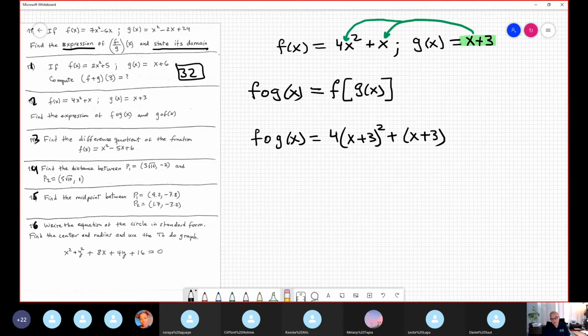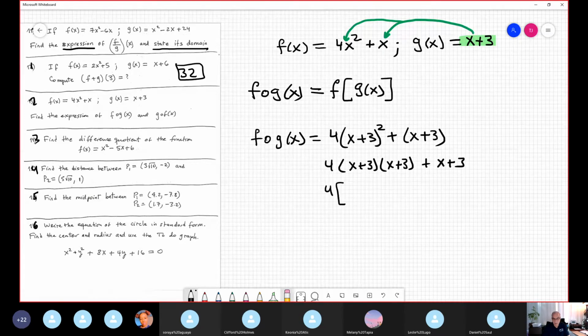That's it. Well, no good, because you do some algebra, no? You FOIL here, for example, x plus 3 times x plus 3, plus x plus 3. In this case, I can remove the parentheses because there is no multiplier in the front.